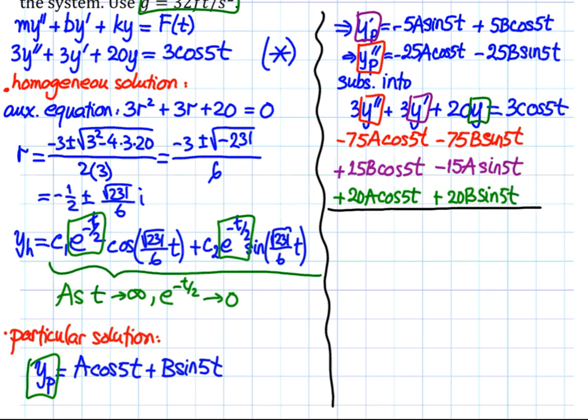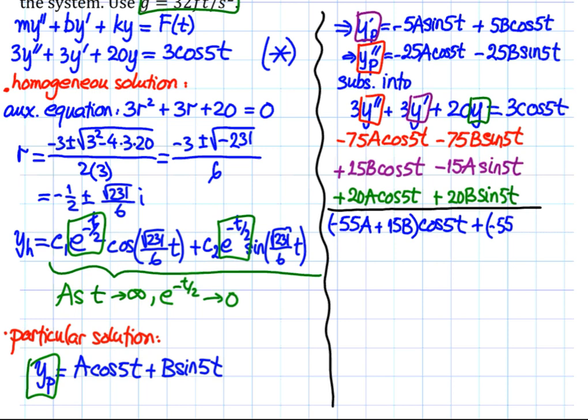So when we do that, we have negative 75 plus 20, so it's going to be negative 55a plus 15b, cosine 5t, plus negative 15a minus 55b, sine of 5t.